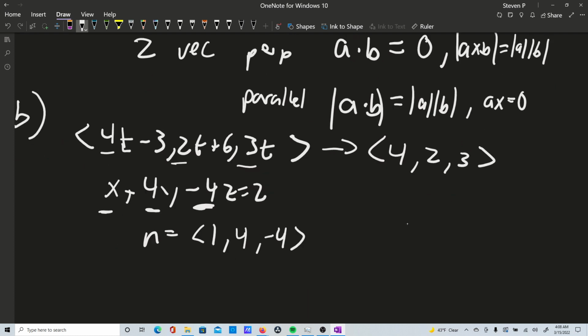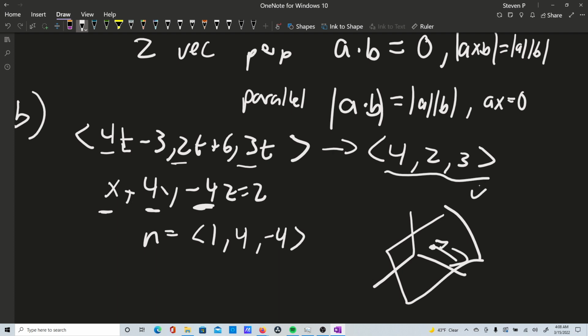So what this looks like is if you have x, y, and z, and you have some plane that looks like this, the normal vector is normal to the plane, and you have some other vector. Let's call this thing v.